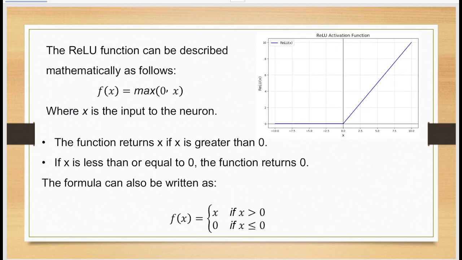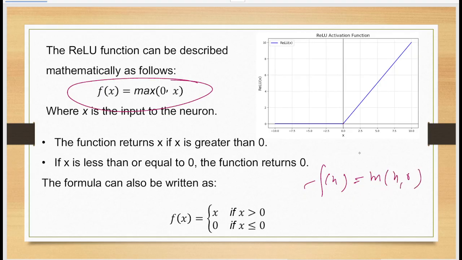Now let us see this with the graph. You can see here the graph of the ReLU activation function. As we know, f(x) equals max of x comma 0.